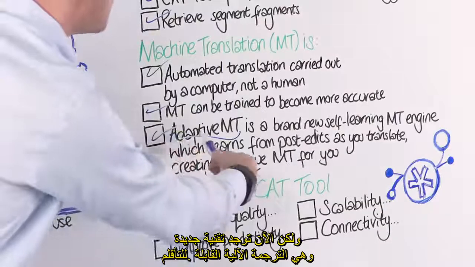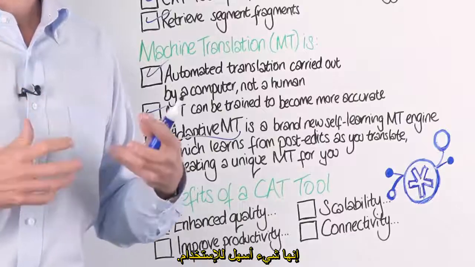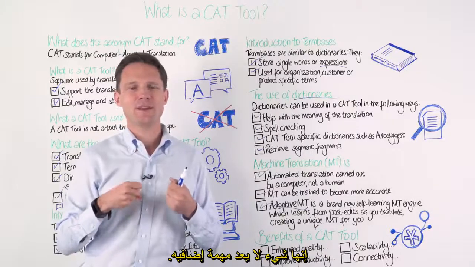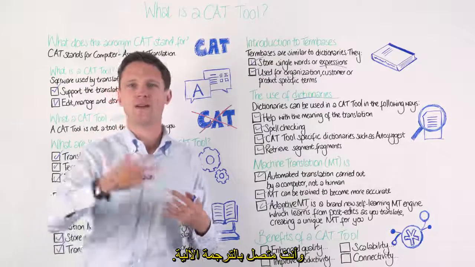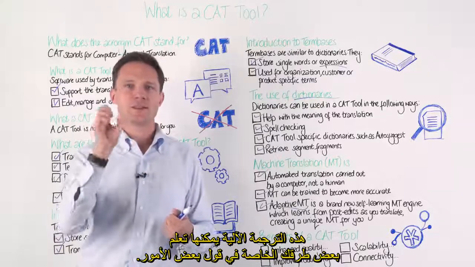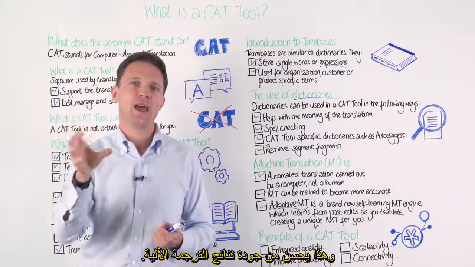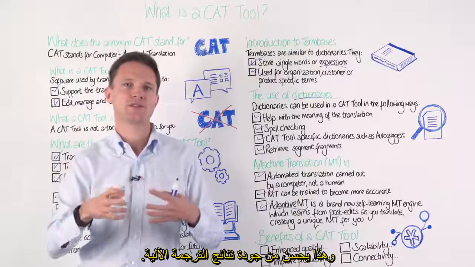But there's now newer technology, adaptive MT, that is something easier to use. It's instant. It's not an extra task, but as you translate and you are connecting to machine translation, that machine translation can learn some of your specific ways of saying things. And so that improves the quality of the machine translation results.